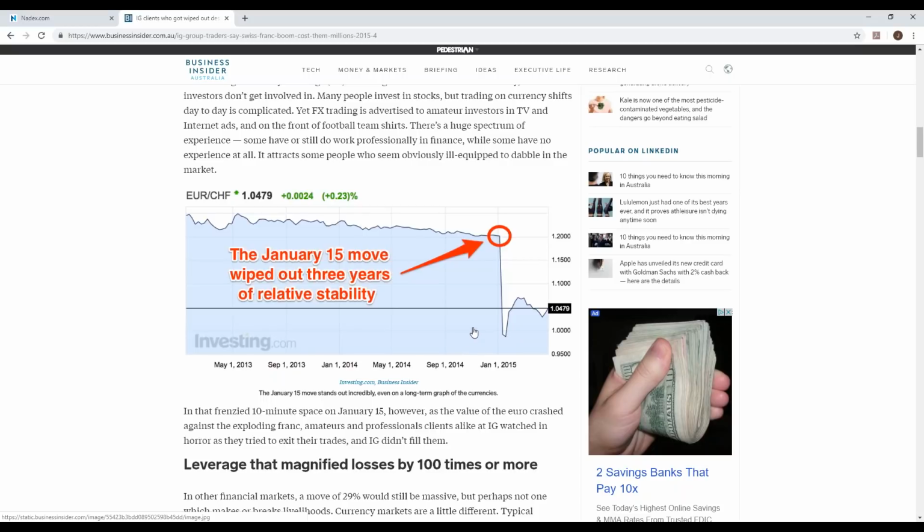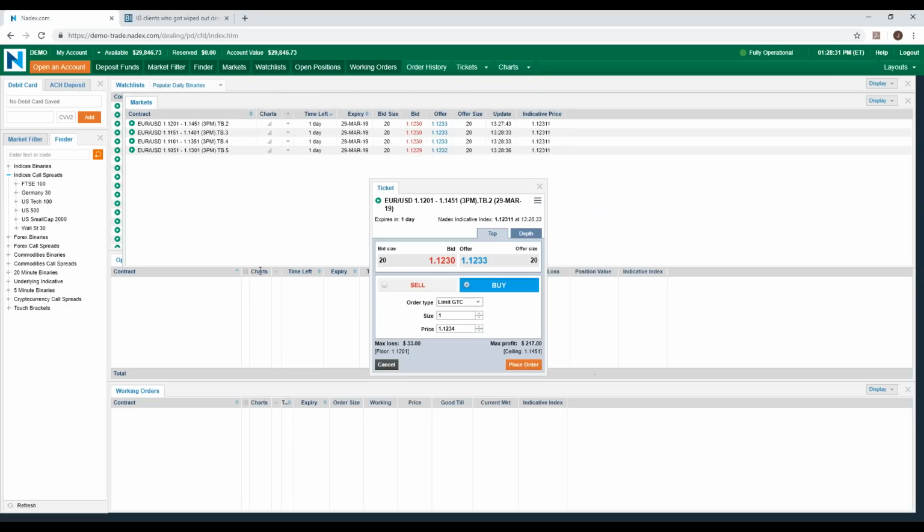So many people lost money. So many people owed tens of thousands of dollars to brokers. Brokers went out of business with this flash crash. But you know what? No one lost that with Nadex, because whatever they were in, that was the most they could lose no matter what. Okay? That was it.